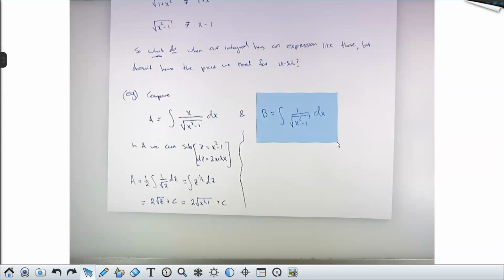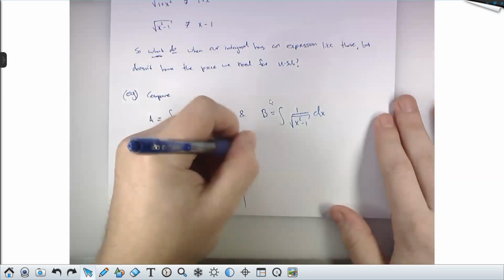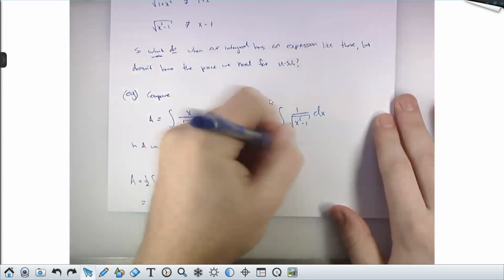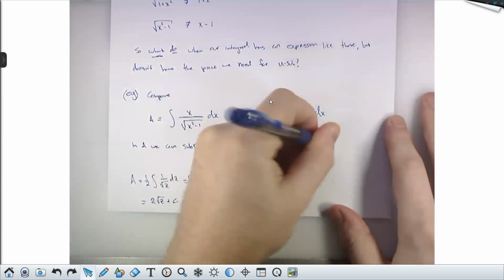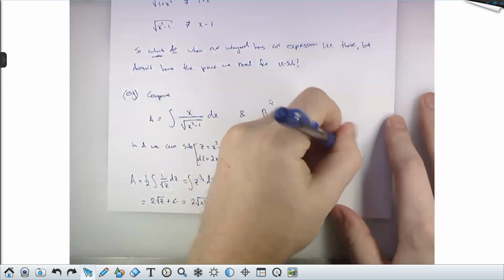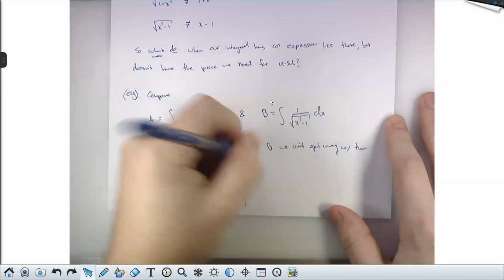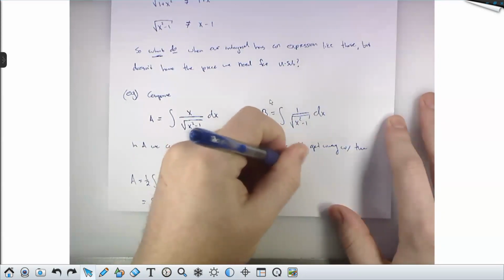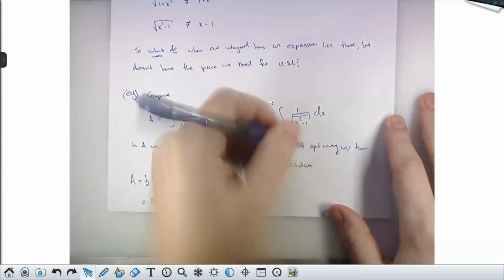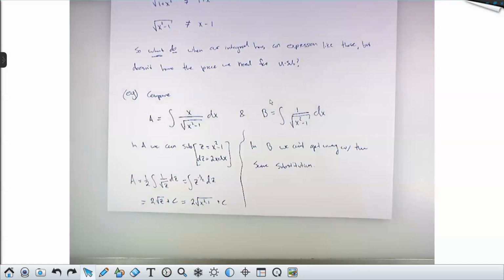But this guy, you can't do that substitution because he doesn't have the x upstairs that you need for the differential. And B, we can't get away. In fact, there's no similar u substitution, at least not one that I'm aware of.